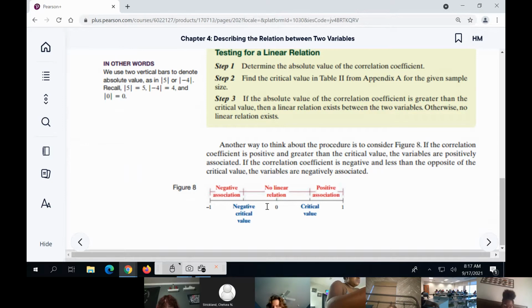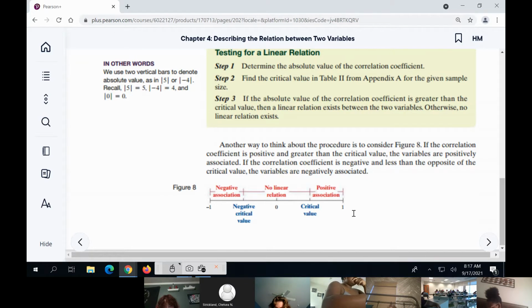If you have less than 0 as a correlation coefficient, which is R, you have a negative correlation. If you have from 0 to 1, you have a positive correlation. Same thing with slope. Negative slope, positive slope.